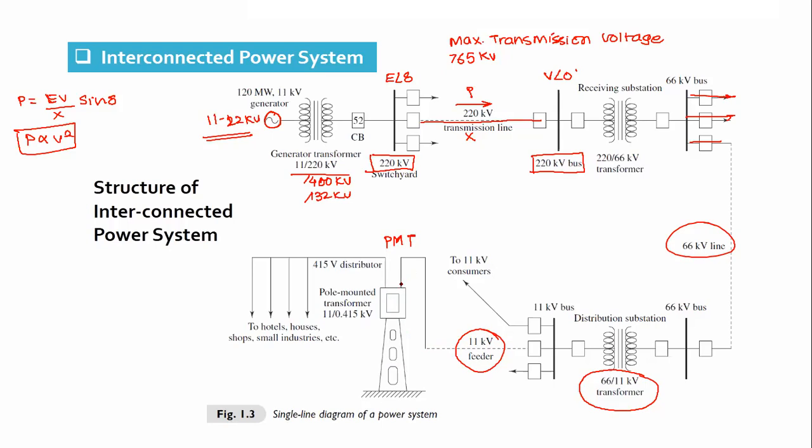So incoming line to this PMT is 11 kV, and the secondary side is 415 volt 3-phase 4-wire distribution, where per phase voltage is 230 volt, which is given to the consumers.